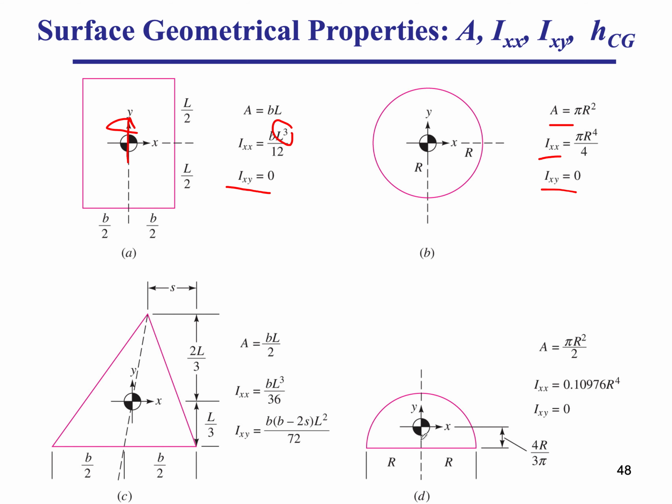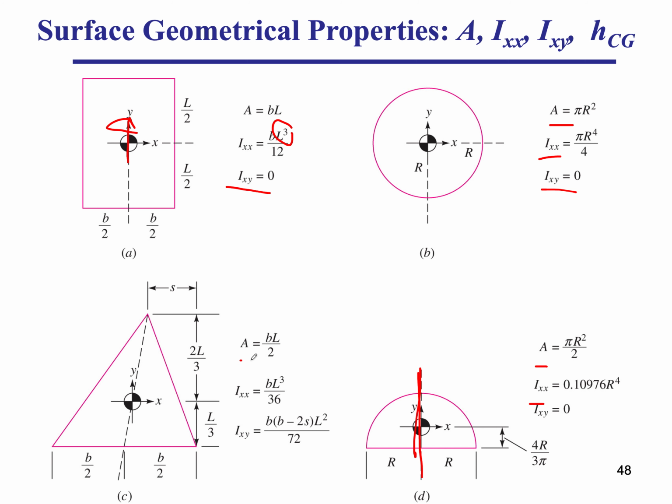Now look at a half circle. You look at the area. That's your area, that's your IXX, and now your IXY. Because of the symmetry, if you try to rotate around the y-axis, if you try to rotate around the x, there's no tendency to rotate around the x-axis. But now look here at this triangle.